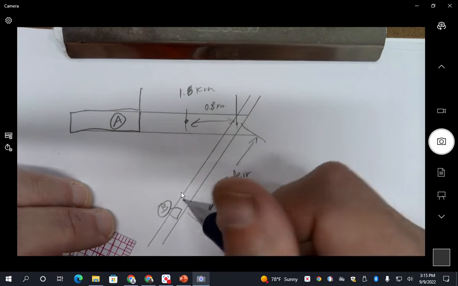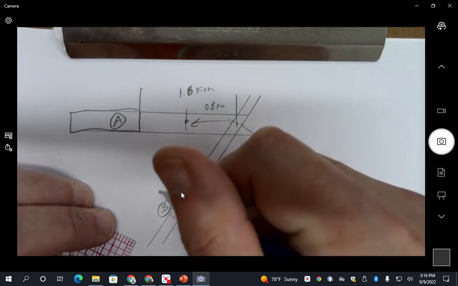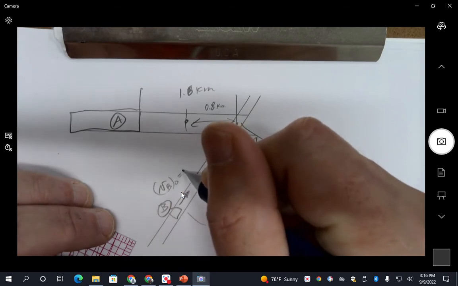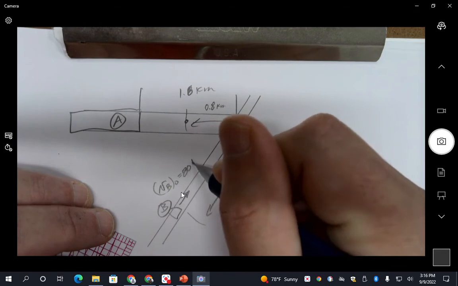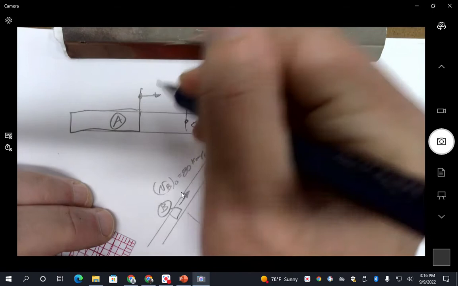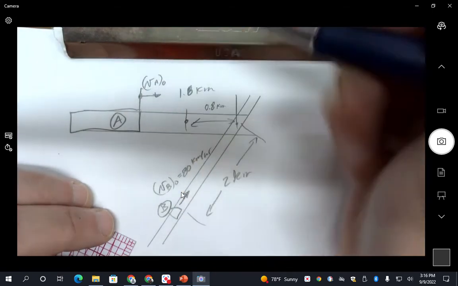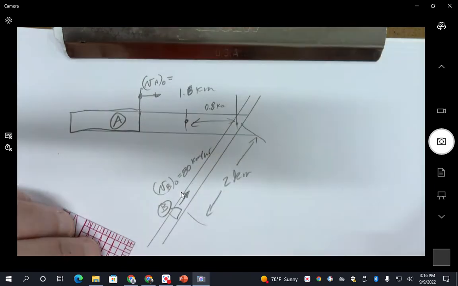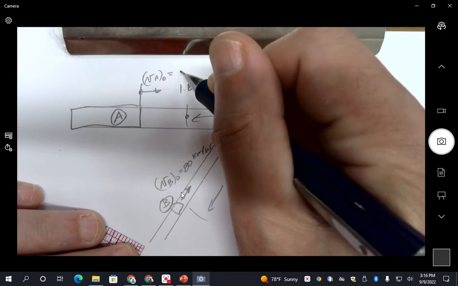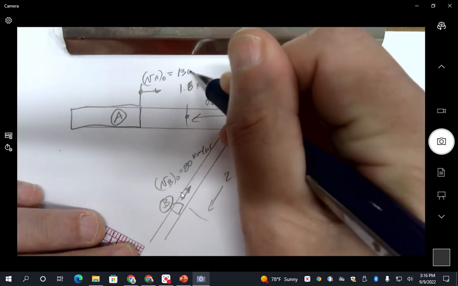And so we don't know how fast he's going. Do we know how fast he's going? No, we do. His initial one is going to be 80, right? And then the train's initial velocity, V_A0, let's call it, is 130. He starts out at 130.